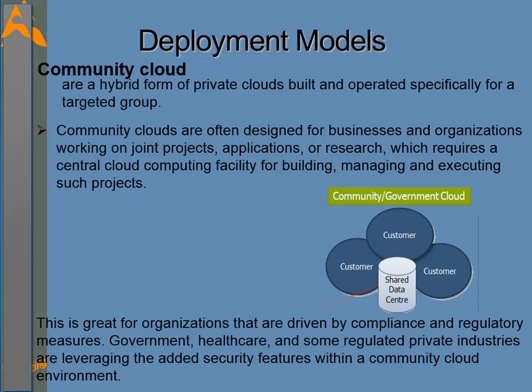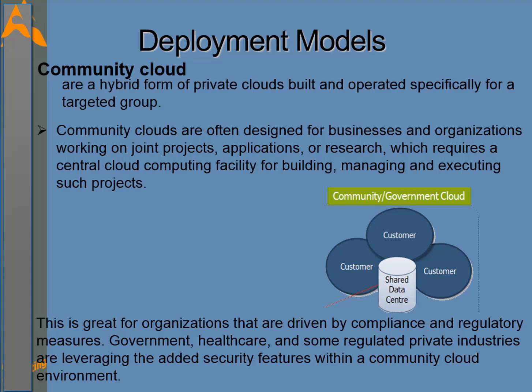However, everyone is hitting these servers with the same purpose, to access that one application, which is what makes it a community cloud. This is great for organizations that are driven by compliance and regulatory measures. Government, healthcare, and some regulated private industries are leveraging the added security features within a community cloud environment.